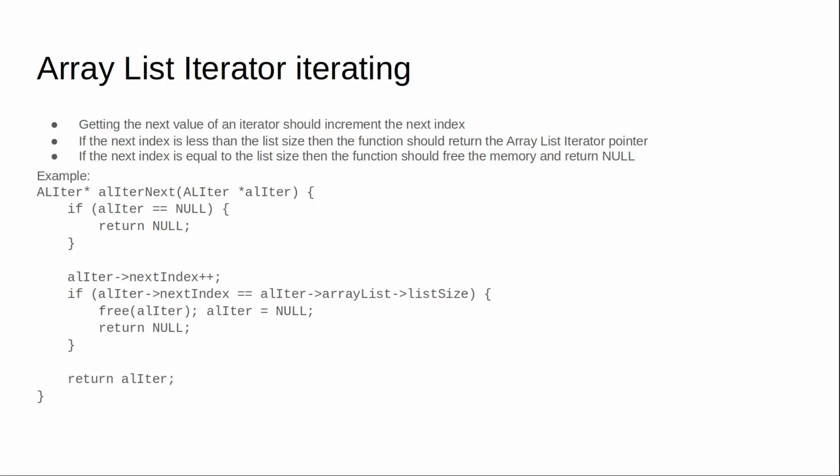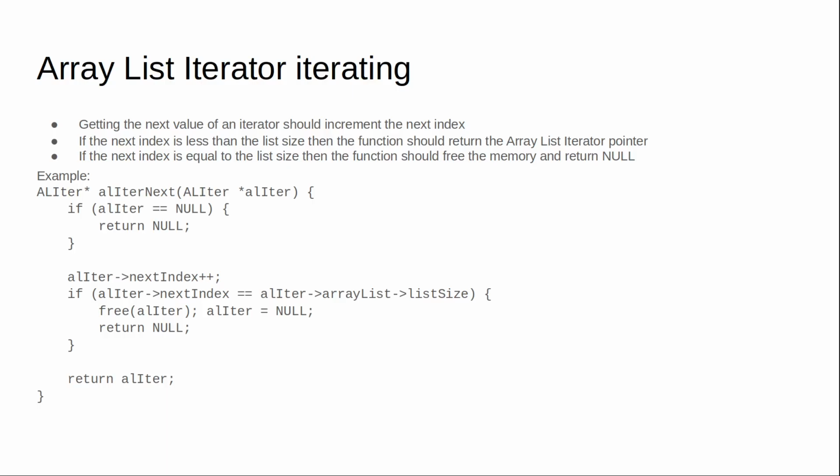If the next index in our array list iterator is less than the size of the list, not of the array, but of the list, the number of elements that are valid within that array, then the function is going to return the array list iterator that was passed into the function.